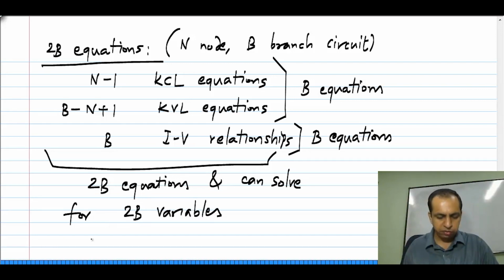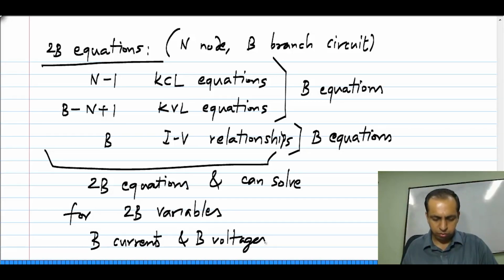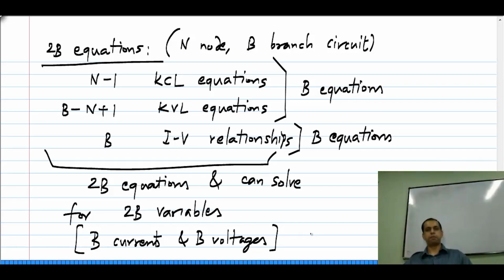And what are the 2B variables? B currents and B voltages in each of the B branches. Okay. So, this is how we set up the equations and solve for every variable in the circuit.